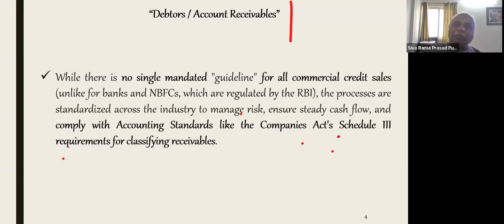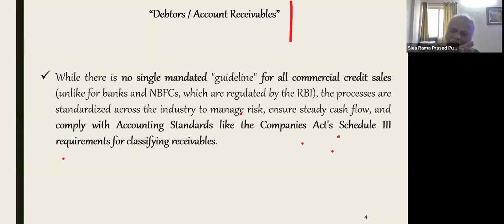There are no guidelines from the Ministry of Corporate Affairs. And the processes are standardized across the industry to manage the risk, ensure steady cash flow, and comply with accounting standards like Companies Act Schedule 3, requiring classification of the receivables. There is no instruction that your creditors should be like this, that you should not give more than this, or that whenever you give credit you have to charge interest.